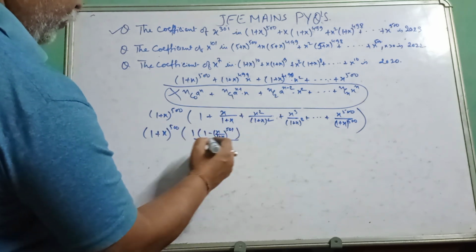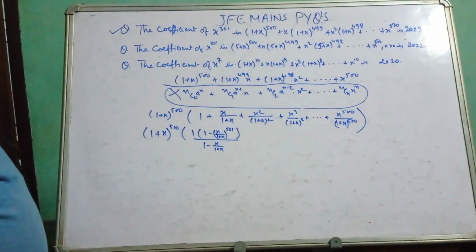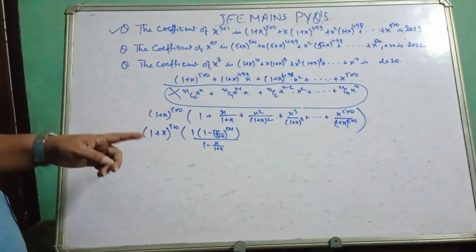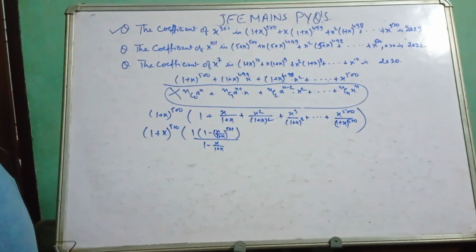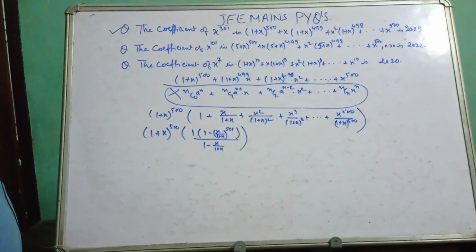Then a times 1 minus r to the power of n by 1 minus r. So here now you have to solve it.